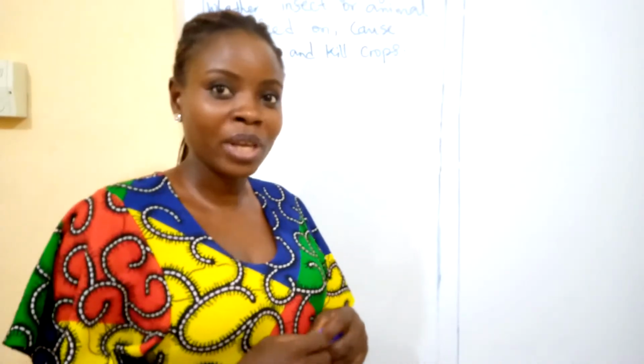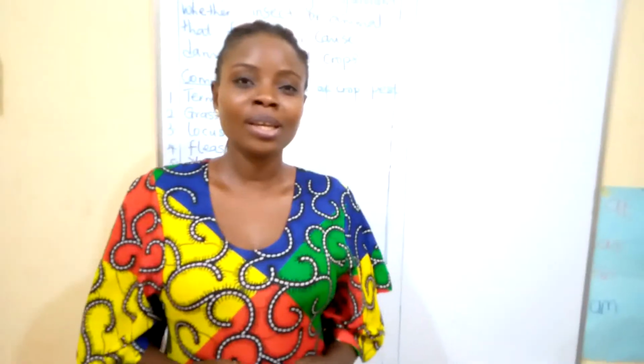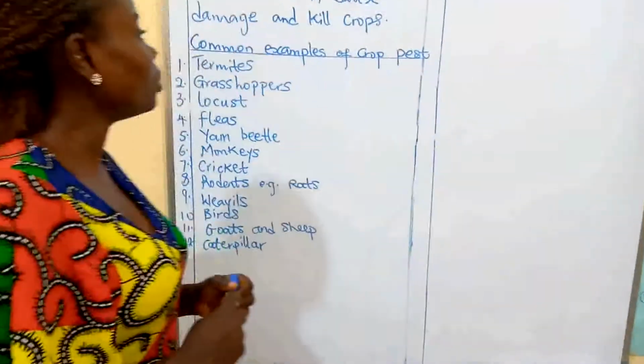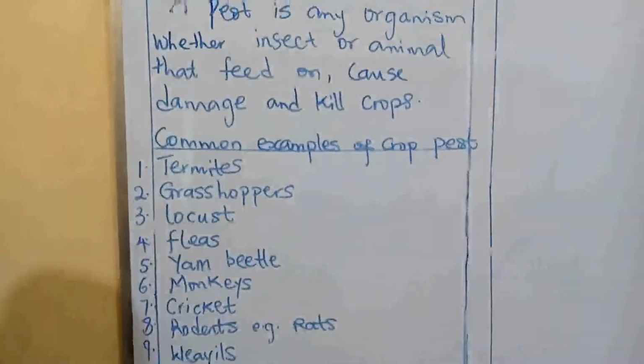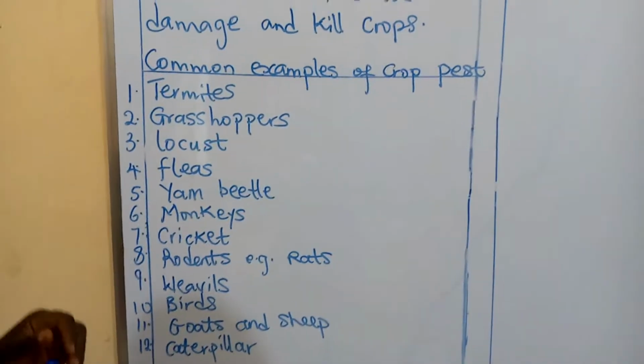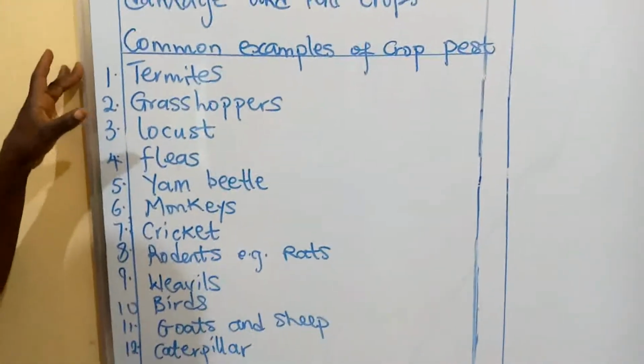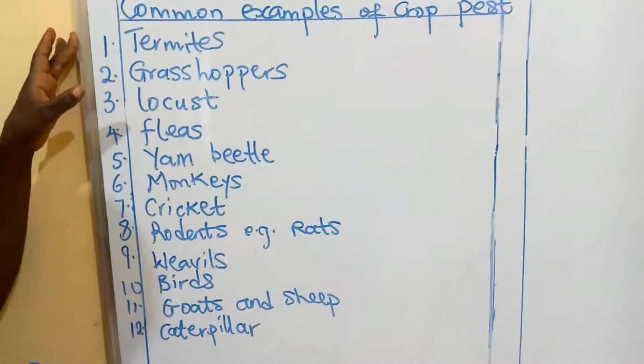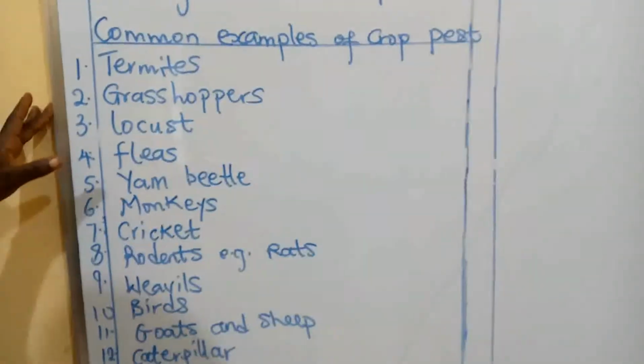Types of common pests. As you can see from what we have on the board, we've been able to list the types of common crop pests that we have around us. Number one, termites. Number 2, grasshoppers.